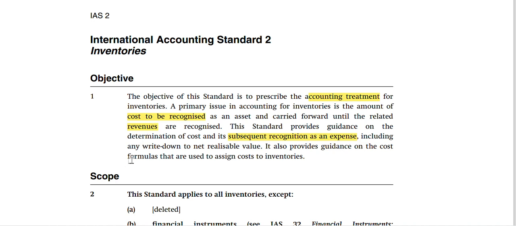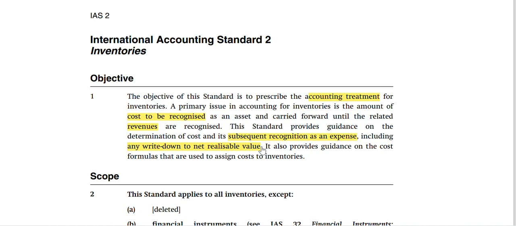There are other instances where the value of inventory has dropped due to internal or external factors. In that case, it needs to be written down to net realizable value. Those are the most important things you need to understand. It's the pillar and the main objective of the standard. First is to determine the cost, and when determining the cost, which costs should be included in order to determine the final value of the inventory.